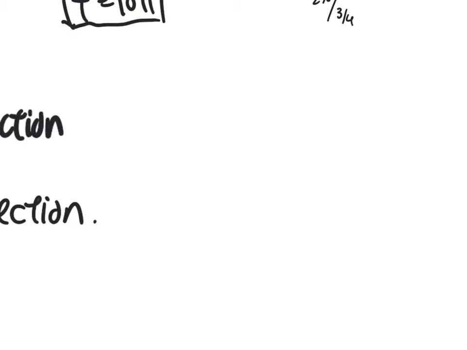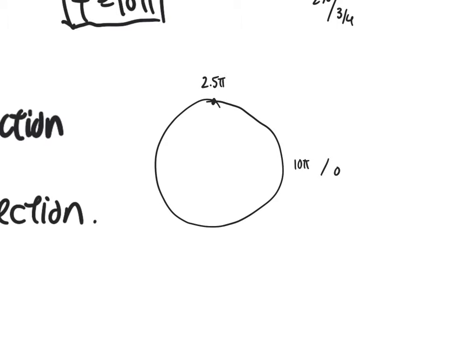And how we got that was fairly straightforward. That's because if we had a circle here, a period, meaning one full rotation, will be 10 pi, also known as your 0 mark. A quarter means 2.5 pi, half is 5 pi, and here is 7.5 pi. Then we go back to 10 pi. So that's one successful period.